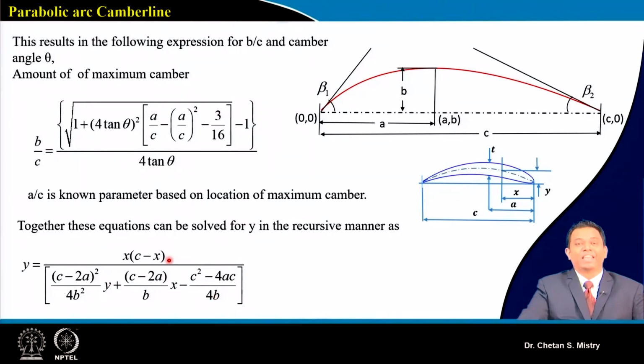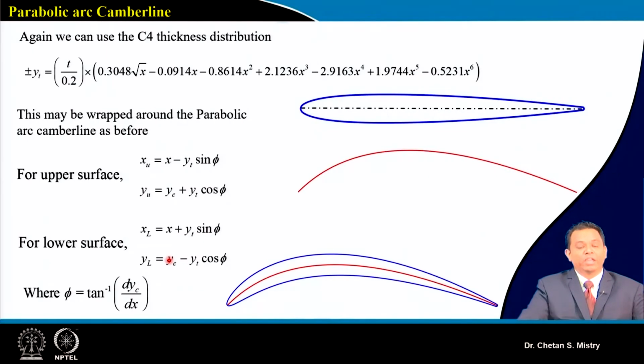So we will take this into configuration and see how to use this equation for the development of our blades. Here, in order to showcase what we have done, we have selected our C4 aerofoil. This represents my C4 aerofoil, and this is the thickness distribution for it. Based on our formula, we have derived this curve, which represents the parabolic arc camber line.